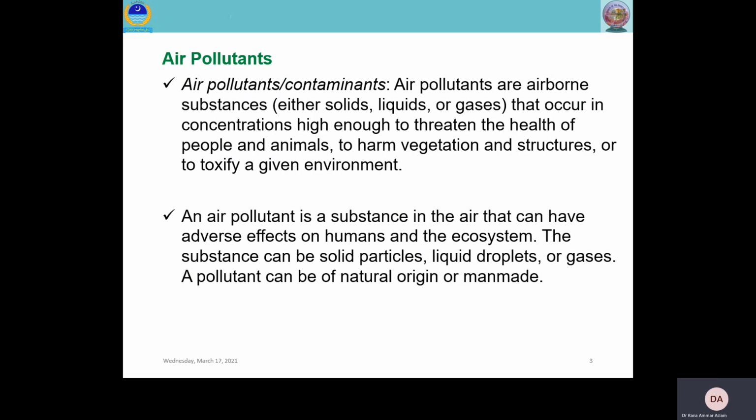We had concluded that natural sources are the major contributor of these air pollutants compared to man-made ones. Here is another definition that you can read by yourself.